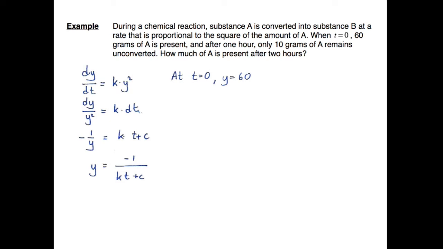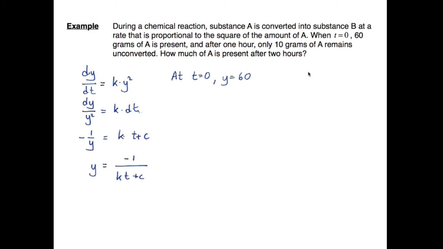What we notice here is that we have two constants: k, because we knew the rate was proportional to something, so k was here originally, and then another constant, our constant of integration. Once we've integrated, another constant appears.